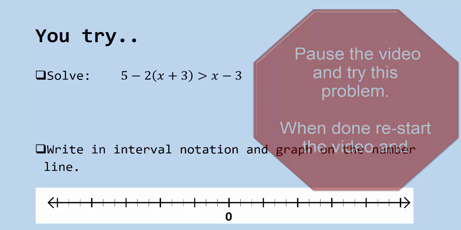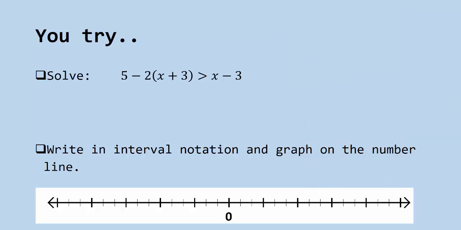So let's begin with the solving. Again, I have some distribution I'm going to need to do on this problem. So I'm going to take my 5 and I'm going to distribute my minus 2 through the parentheses. So I get 5 minus 2x minus 6 is greater than x minus 3.